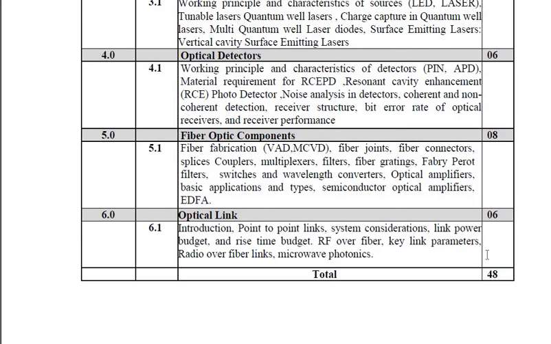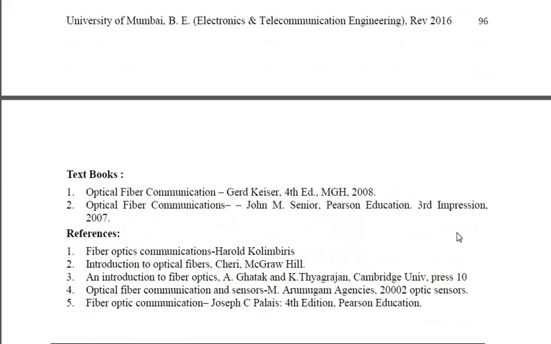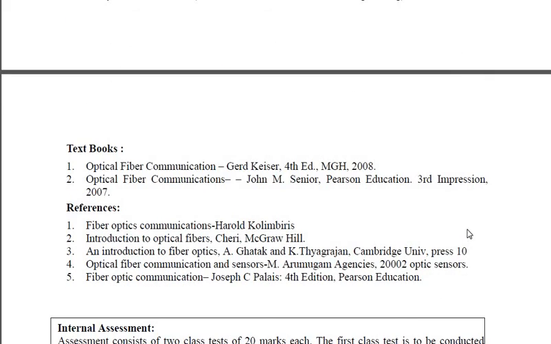Books to be covered: the textbooks which they have given, these 2 books, Keiser and Senior, are very important. As you can see, the first 4 modules are covered in Senior, whereas the 5th and 6th modules are covered in Keiser.